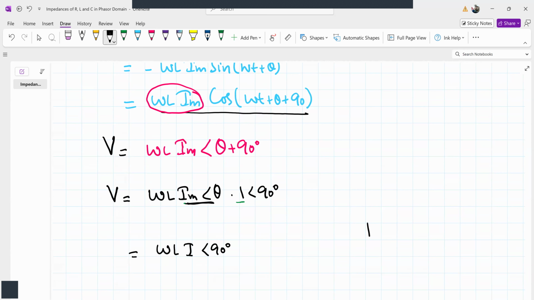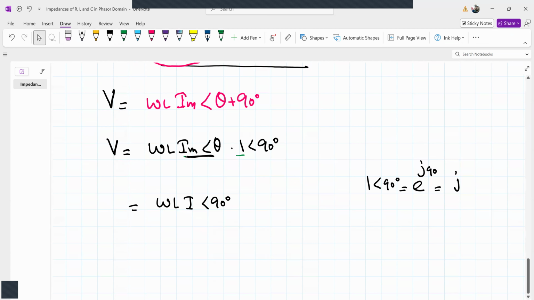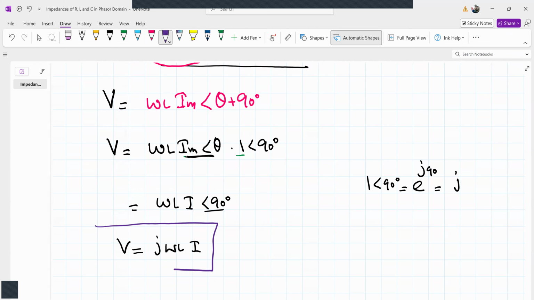Now 1 at an angle of 90 degrees is the same as e to the power of j90 degrees, which by Euler's identity is cosine 90 plus j sine 90, which equals j. So V equals j omega L times I. This is how the voltage phasor is related to the current phasor in an inductor. This is very, very important.